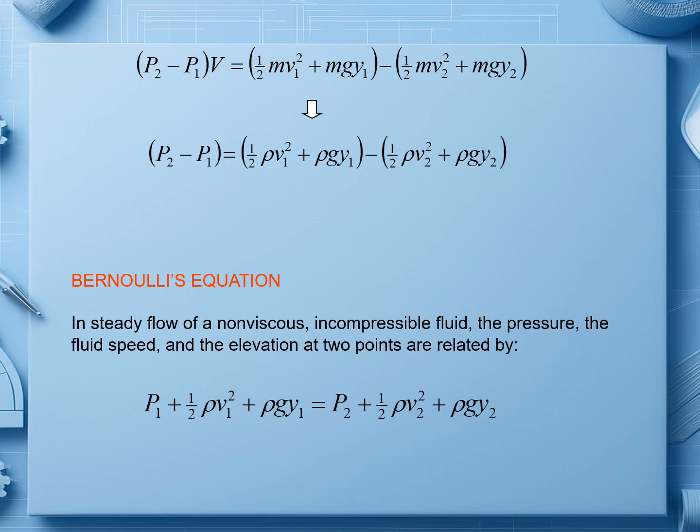Okay, Bernoulli's equation is a bit long. But if you have an exam about this one, it's better if you derive it. So there is a part here where we derive Bernoulli's equation.